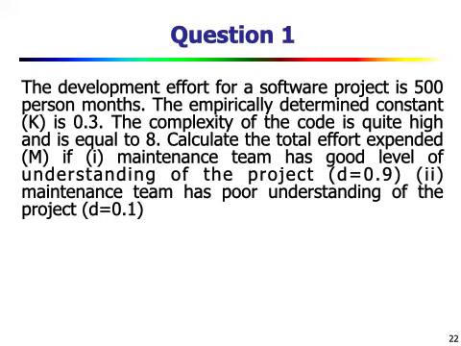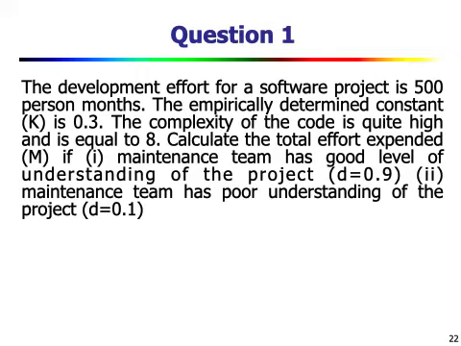Calculate the total effort expended, that is M, if the maintenance team has a good level of understanding of the project, that is D is equal to 0.9, and also find the total effort expended M when the maintenance team has poor understanding of the project, that is D is equal to 0.1.